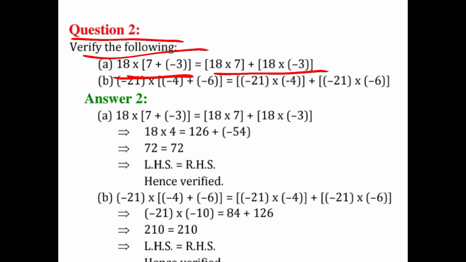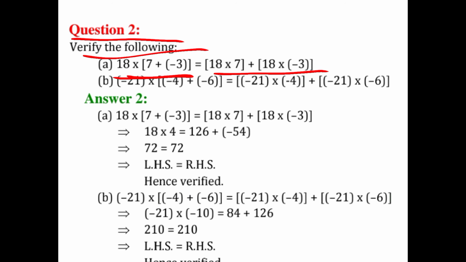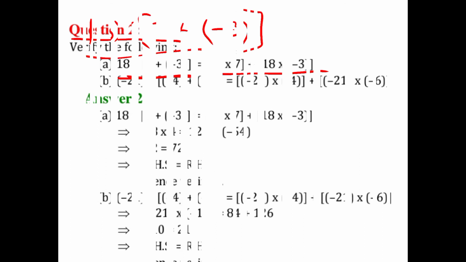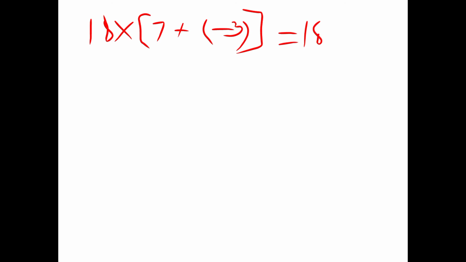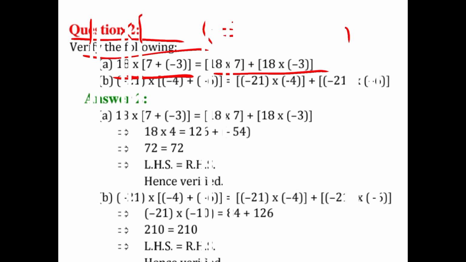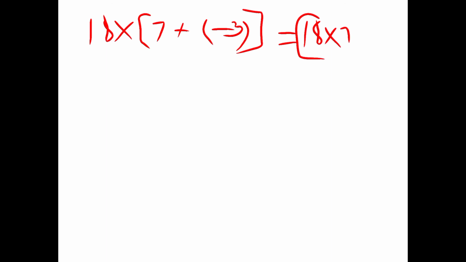The question is 18 into the bracket 7 plus negative 3, is equal to 18 into 7 within the brackets plus 18 into negative 3, within the brackets. Okay, we can solve this.